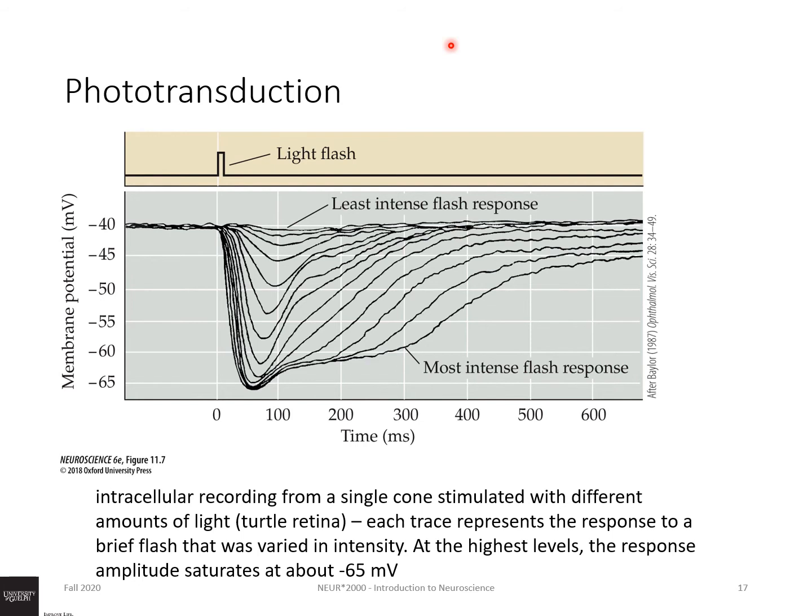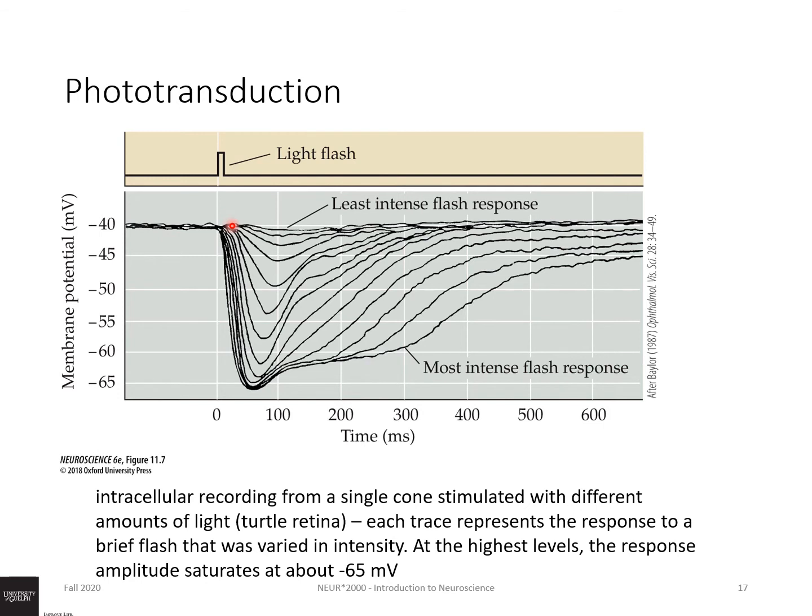So if you shine a light on a photoreceptor, whether it's a cone or a rod, that leads to membrane hyperpolarization. So look here at the y-axis with the membrane potential. And so it's resting at about -40 in this case. There's a flash of light, and it causes hyperpolarization, not depolarization. So in the dark, the resting membrane potential is about -40.